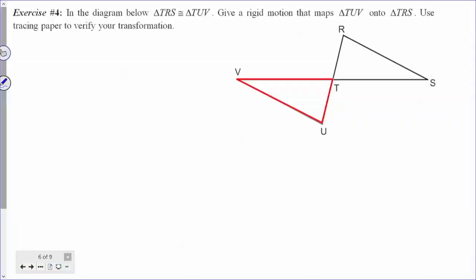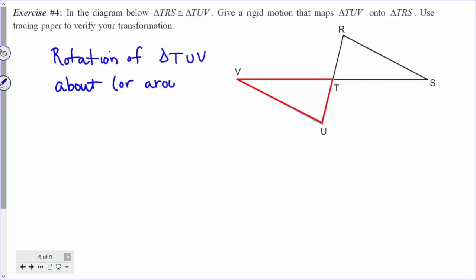And specifically, it's going to be a rotation of triangle TUV about or around point T. If you just said T, you didn't say point T, that's quite okay.